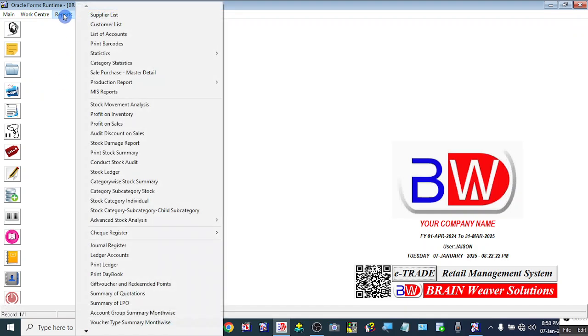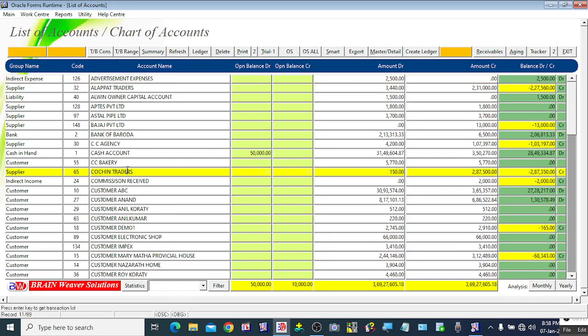From the report menu, we click on the list of accounts. The system will display the list of accounts or chart of accounts. In this list, we can see all the ledger accounts we have created under various account groups, like customer, supplier, purchase, sales, everything.